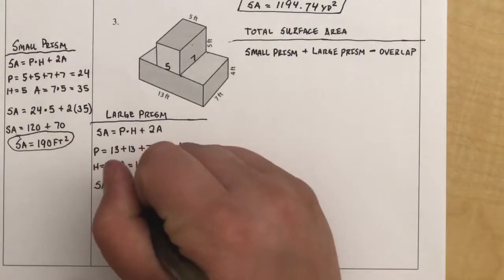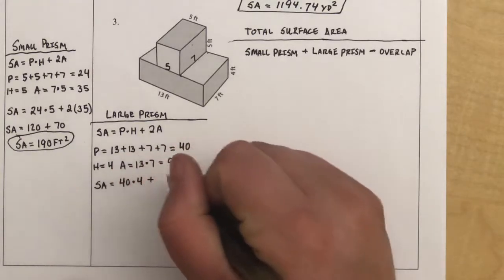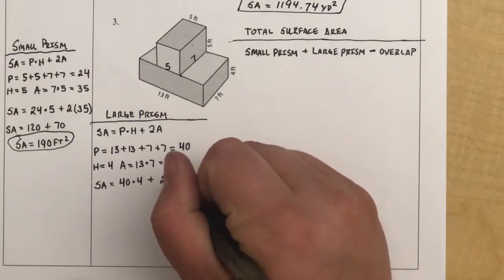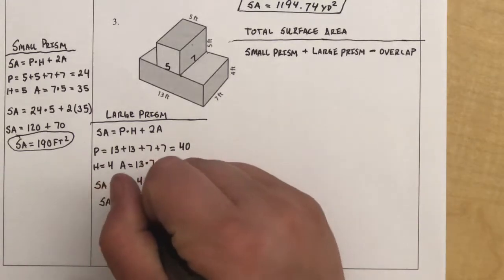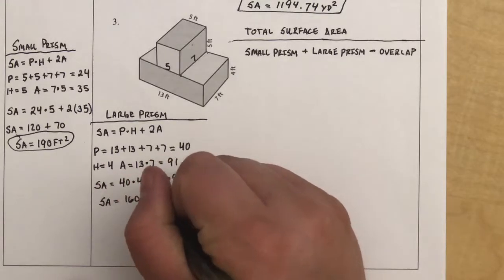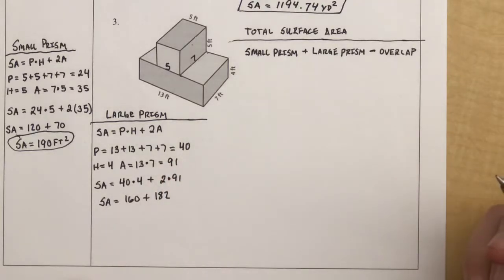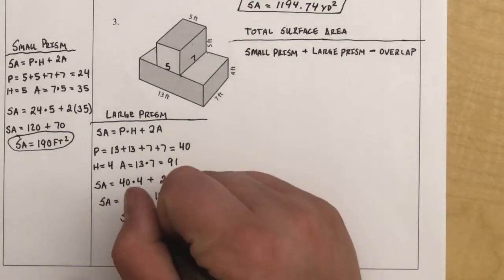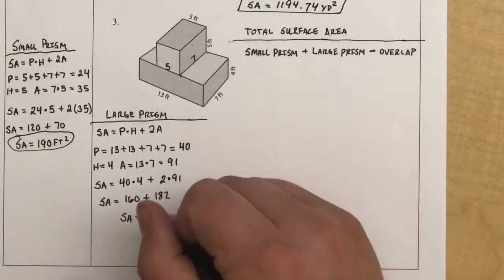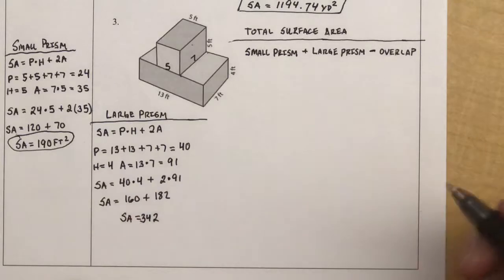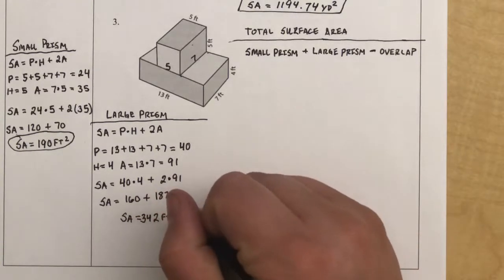Surface area is 40 times 4 plus 2 times 91. That's going to be 160 plus 182. If I add those two numbers up, the surface area of this piece is going to be 342 feet squared.